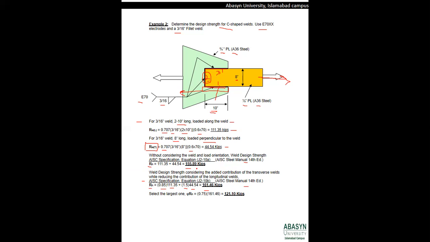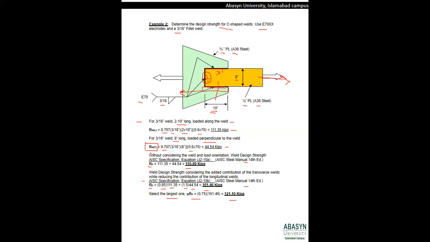Once we have these two values from equations J2-10a and J2-10b of the AISC manual, 14th edition, we select the largest one for the design strength. Then we multiply it by phi, which is 0.75, and the design strength comes out to be 121.10 kips.